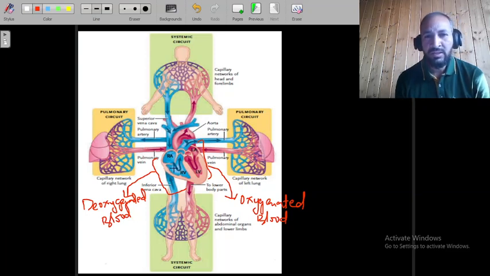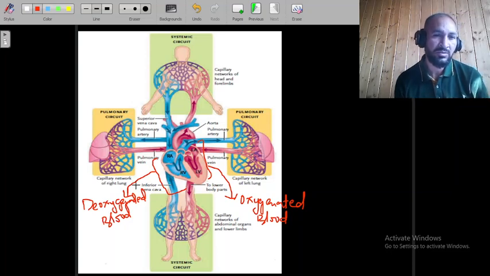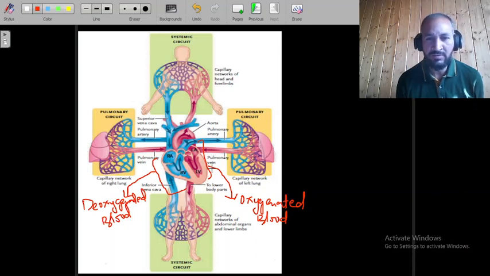Now, if you see the structure of your heart, on the right you have two chambers, and on the left, again there are two chambers, one at the top, other at the bottom, on both sides. If you see over here, this chamber is the right atrium, okay, RA. So let me write here.